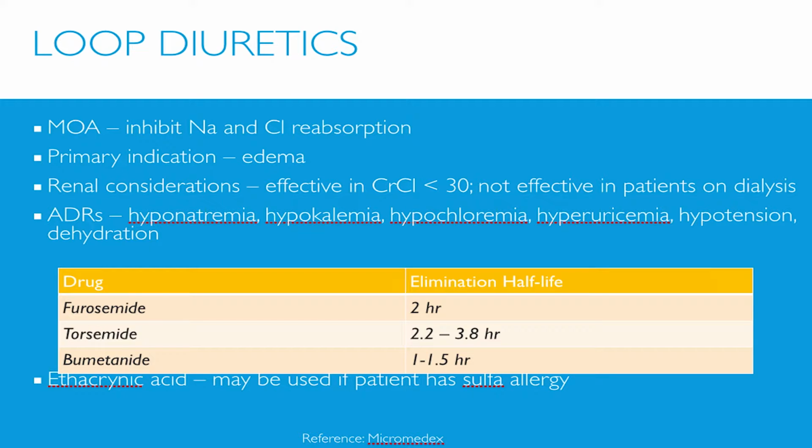So that's why the primary indication of loop diuretics is for edema. They may have a little bit of effect on blood pressure, but the effect that they have on blood pressure is really due to the volume depletion. So if a patient is volume overloaded, so their blood vessels have excess volume, that's going to obviously increase pressure in those blood vessels and increase blood pressure.